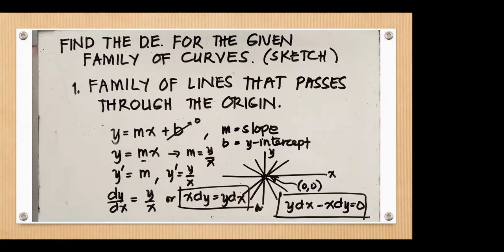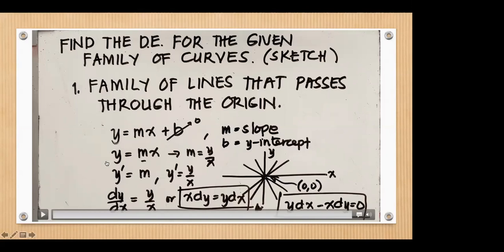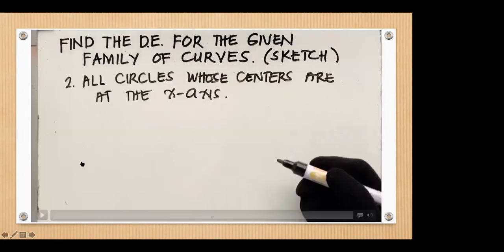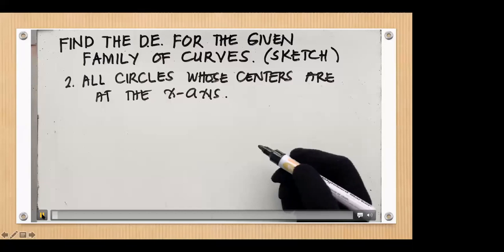Yung intercept form pa tayo. Yung slope formula, pwede niyo rin gamitin yon. Point-slope form, alam niyo yon? Na-recall niyo ba yon? Yes. Sige. So walang questions. Let's proceed to the next example. All circles whose centers are at the x-axis.